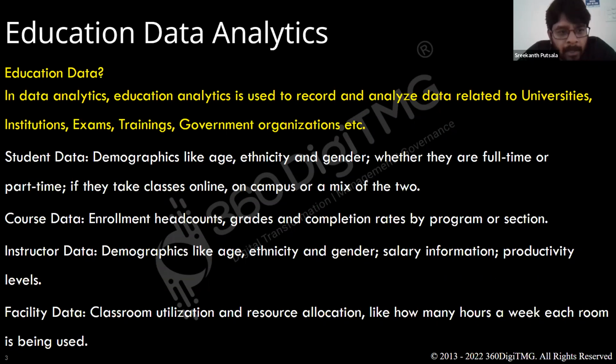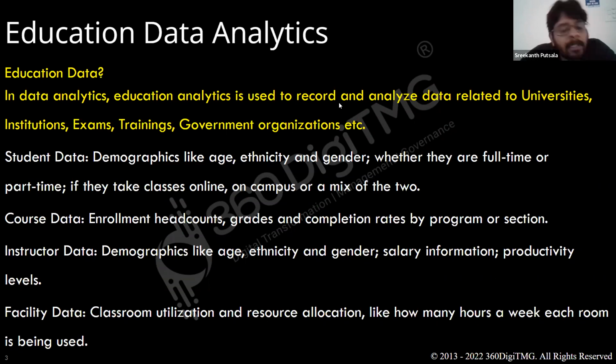So here we are looking into the student data, which may contain the demographics like age, ethnicity and gender. We have the full-time and part-time data, right? So it could be related to student data. In the same way, we have whether the classes are online, or on campus, or a mix of both. Okay, so this type of data we can notice.